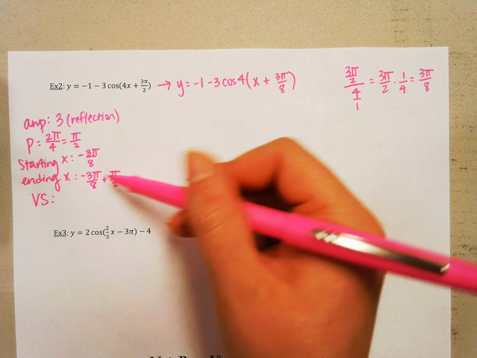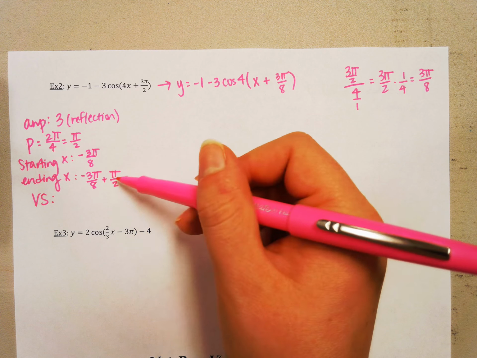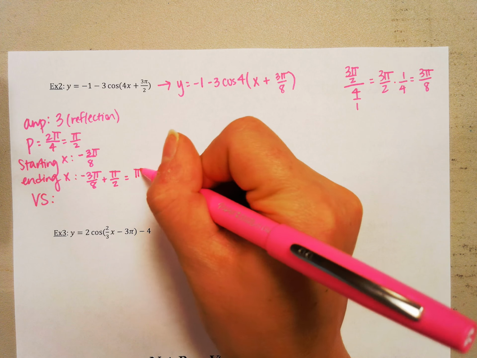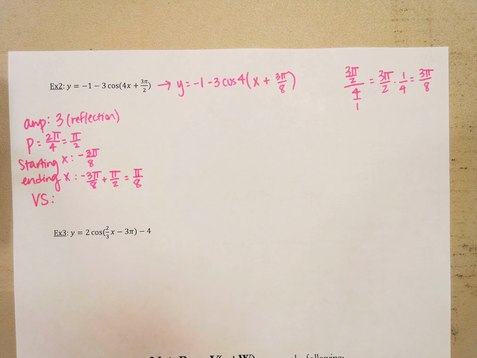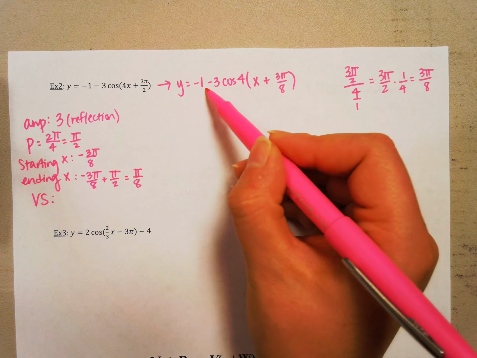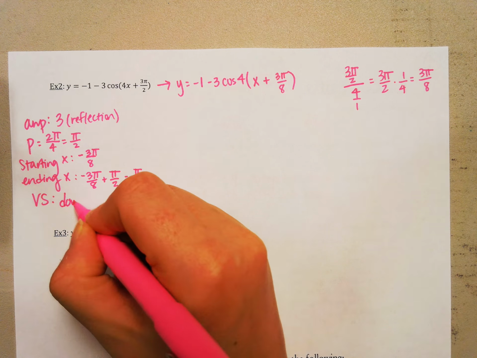So this would be 4 pi over 8 to get pi over 2. So I'd get a total of pi over 8 here. But again, you can do that in your calculator. Just do negative 3/8, just ignore the pi, plus 1/2, and you can change that into a fraction, and you should get 1 over 8, which is pi over 8 as well. And our vertical shift out here in front, we're shifting this thing down 1 unit.